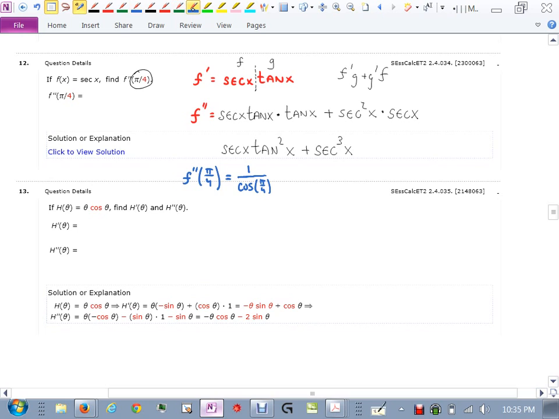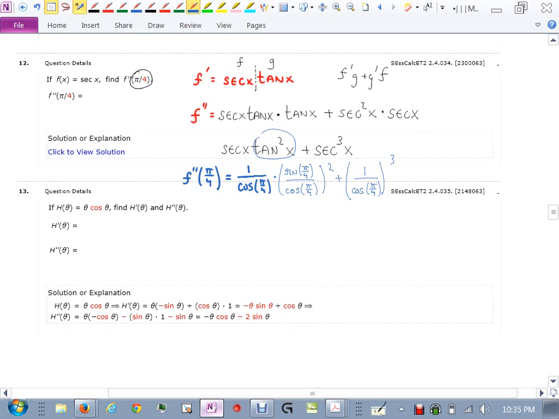Then tangent here, right? Tangent is sine over cosine, so sine of pi over 4 over cosine of pi over 4. You don't have to go all the way down to sine and cosine, but it might help you. And then all of that's being squared. Then plus, all this being cubed, secant we said was 1 over cosine, so cosine of pi over 4.